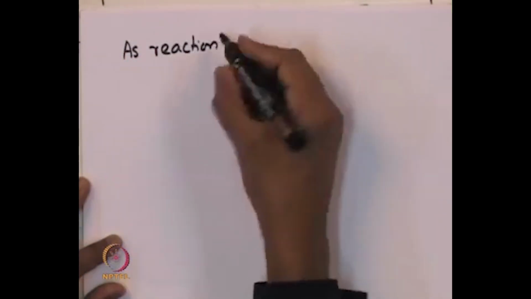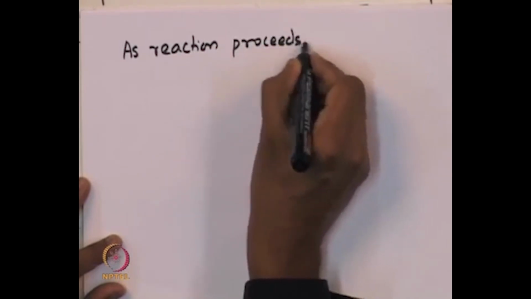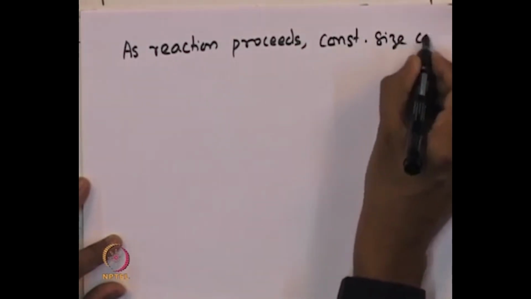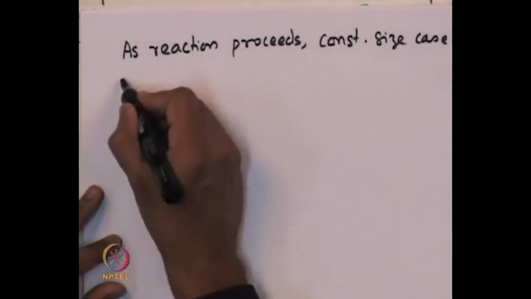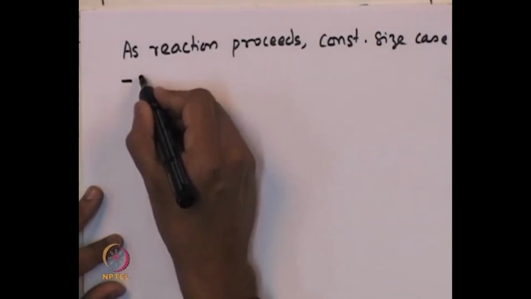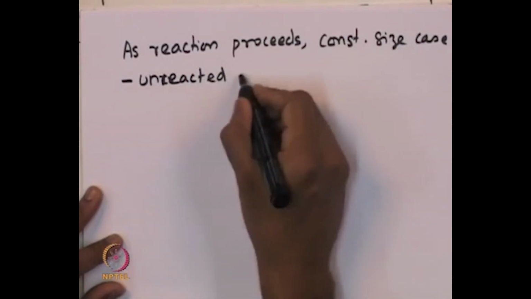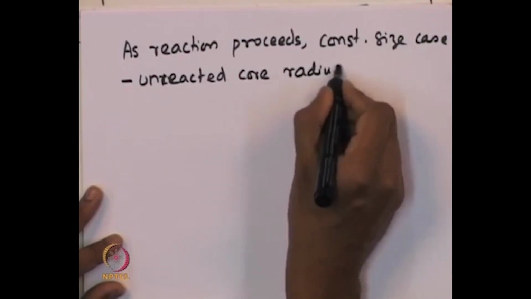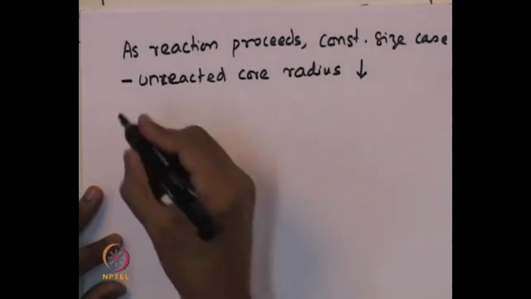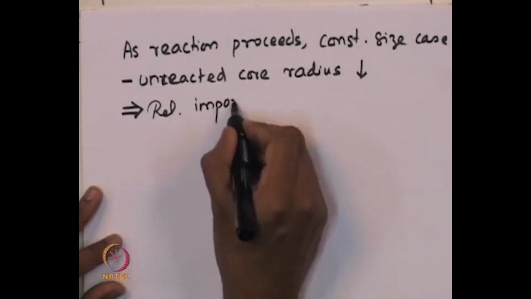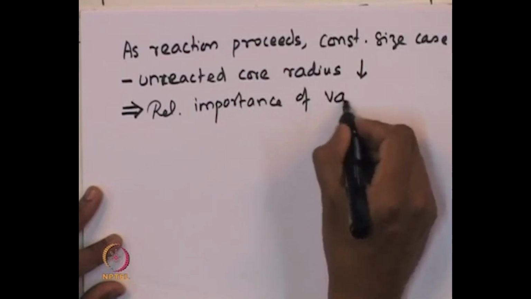That is true because, even in the constant size case, as the reaction proceeds, the unreacted core radius is going to decrease, and as a result the relative importance of the various resistances is going to change.